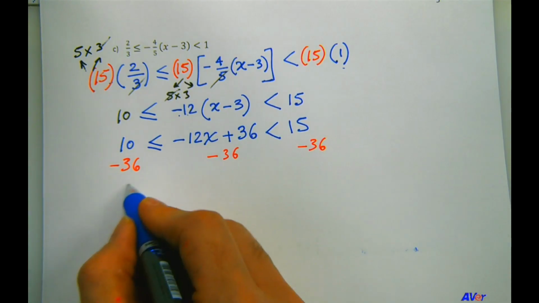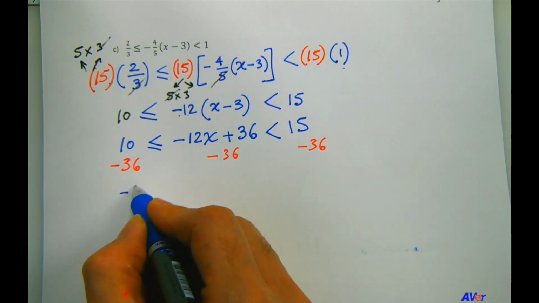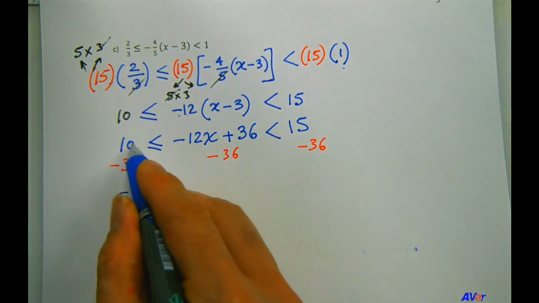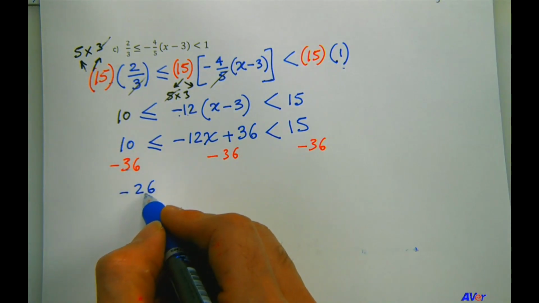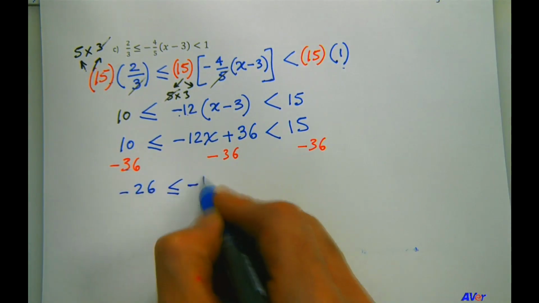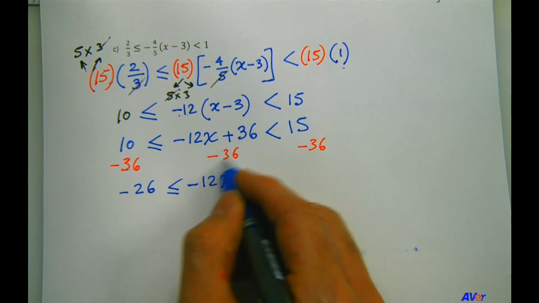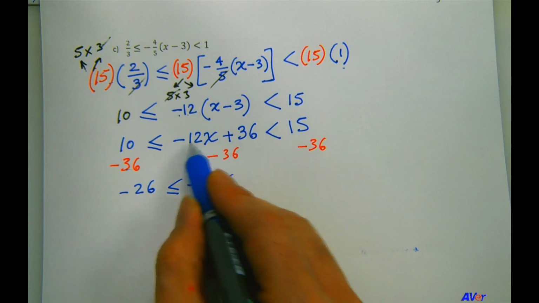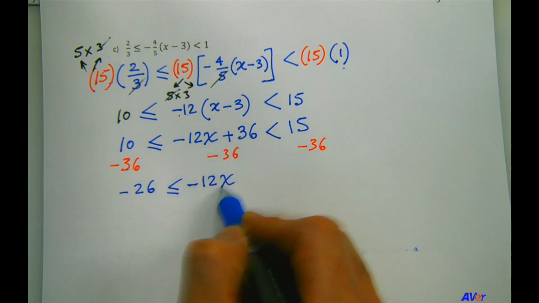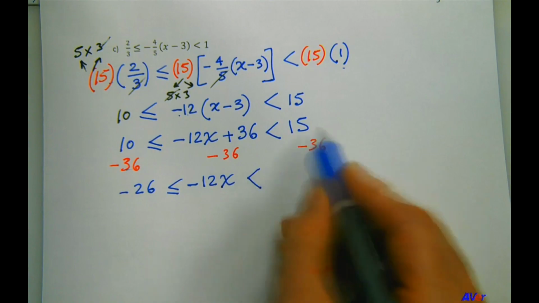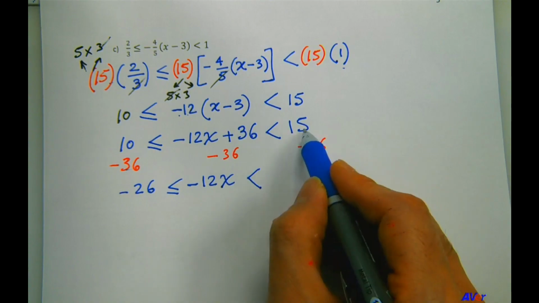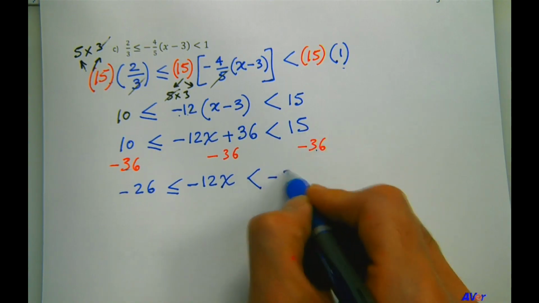Okay, so we end up with minus 26, right? Minus 36 plus 10 is minus 26. Less than or equal to minus 12x, because the 36 and minus 36 add up to 0. Minus 12x plus 0 is itself. Less than minus 36 plus 15 is minus 21.